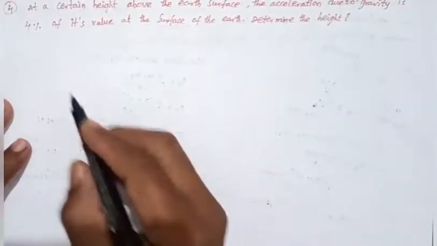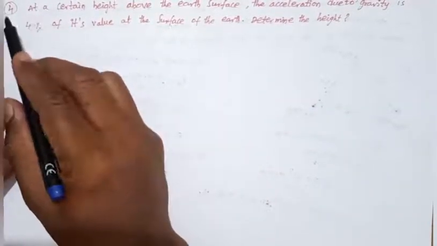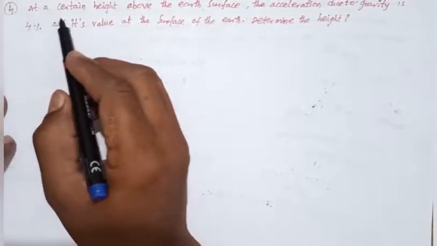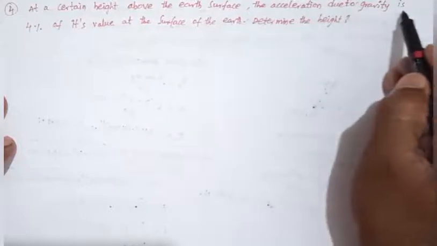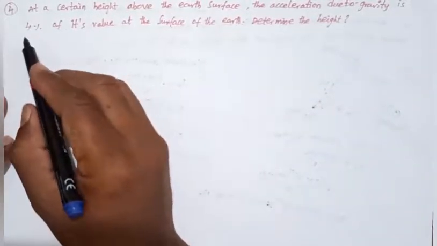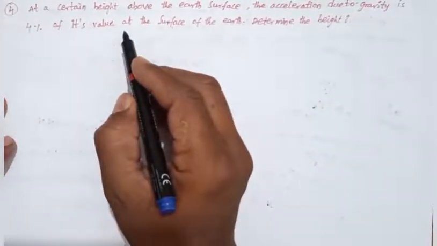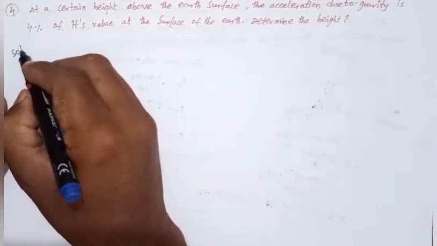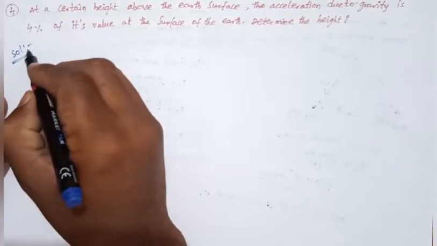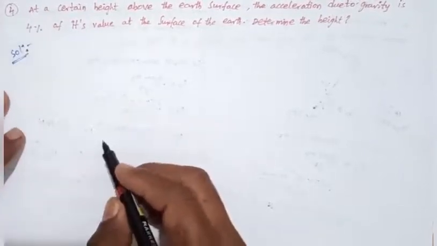So next, another fourth problem. At a certain height above the earth's surface, the acceleration due to gravity is 4% of its value at the surface of the earth. So consider on the surface of the earth acceleration due to gravity is small g.